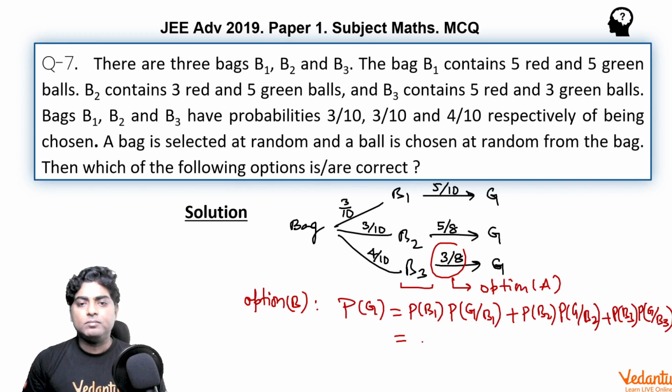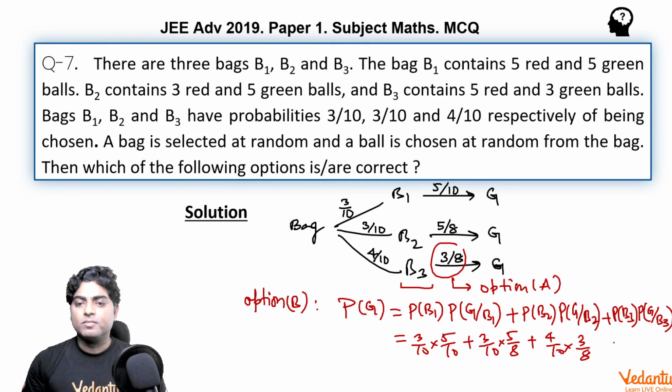PB1 is 3 by 10, PG given B1 is 5 by 10, PB2 is 3 by 10. So the second path, middle path, okay, into 5 by 8 plus 4 by 10 into 3 by 8.